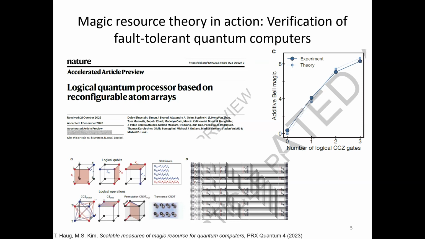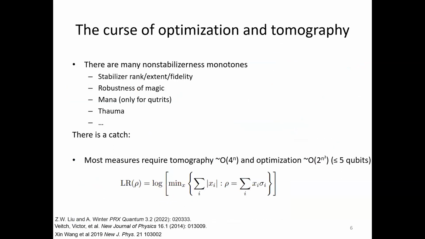They not only encoded logical qubits, but they also put in magic. They ran non-trivial, non-Clifford gates in their circuit. Then they needed to figure out whether they actually created magic, and how much magic is in their circuit. They used a resource measure that we introduced recently in PRX Quantum to quantify how much magic is in their logical qubits. So it's quite useful as an application of certification. This is just something I wanted to mention because of its recent importance.